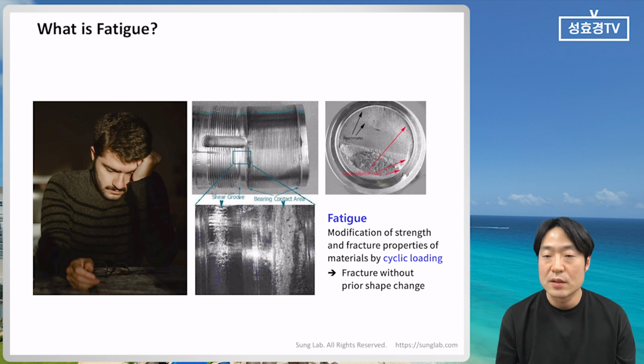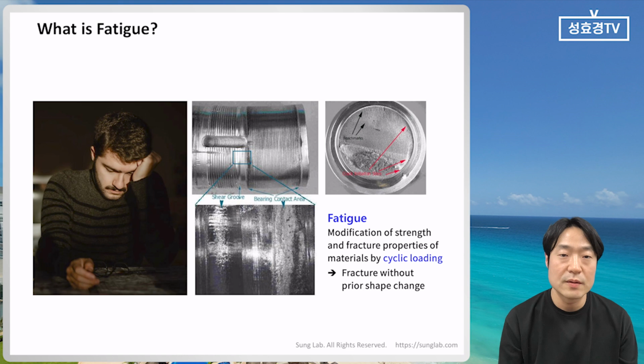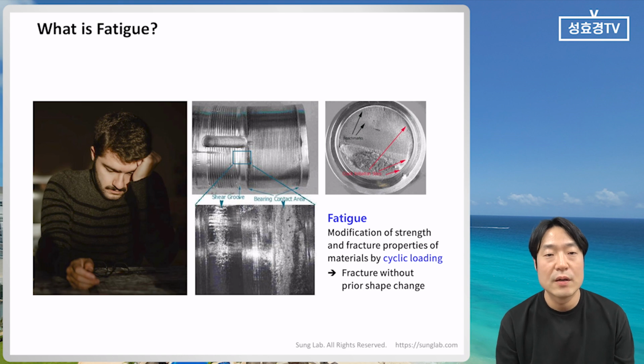Cyclic loading is induced in the material, and even though it is not overloaded, fracture can occur. For example, even well under the yield strength, the material can be fractured. That is the very dangerous point of fatigue.